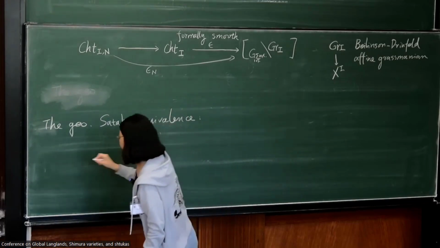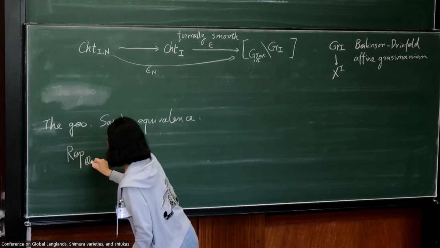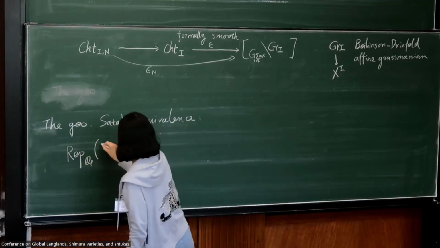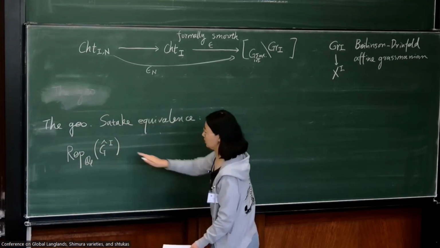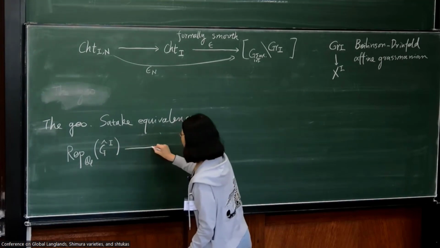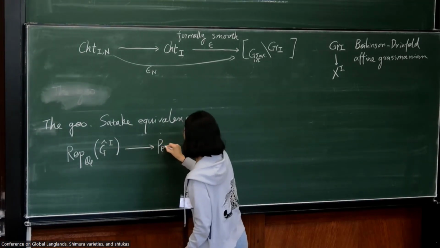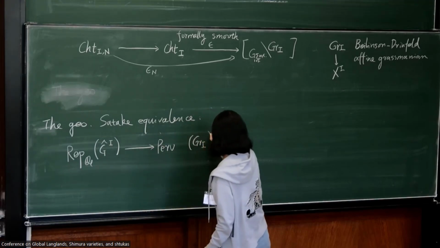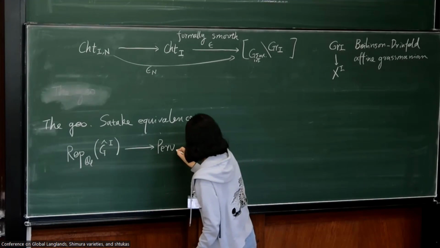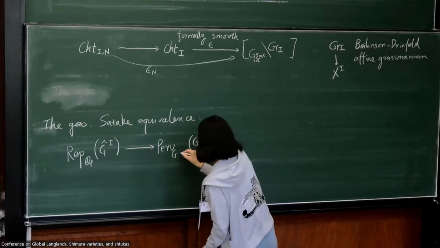It says that we have a functor from the category of representations, with coefficients in Q_l, finite dimensional representations of I copies of the dual group, to the category of perverse sheaves over the affine Grassmannian with I legs, equivariant by this group, this family version of the positive loop group.